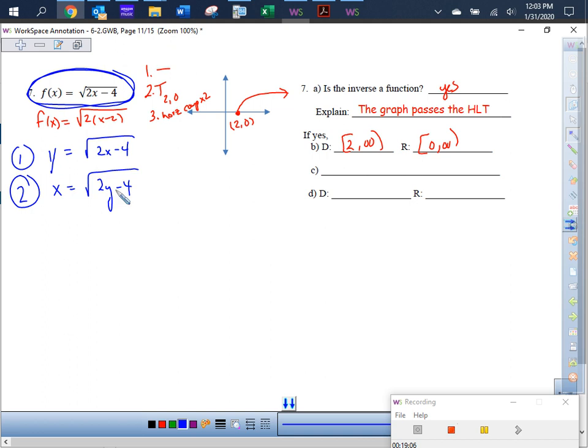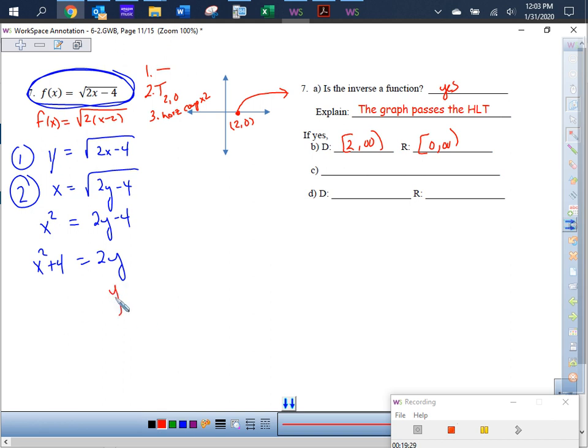And then here, all this stuff is under the radical, so we will square both sides. The square root canceled, and now we want to add 4. We still have to divide by 2.